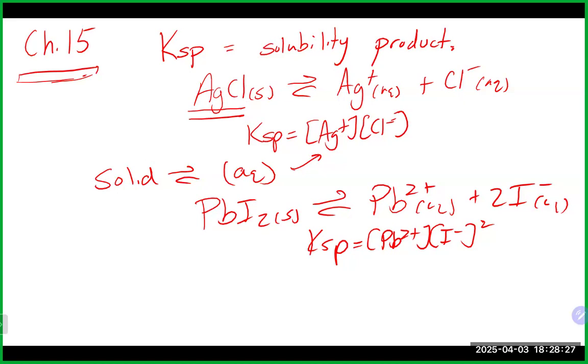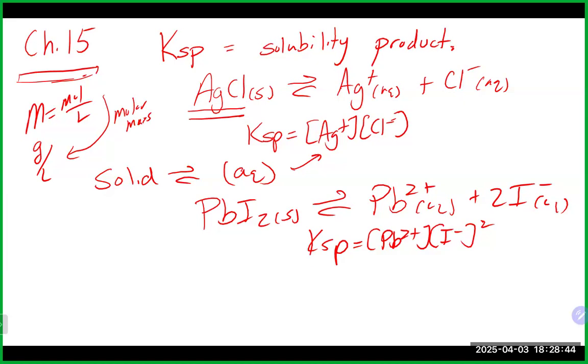You want to know either the molar solubility, which is basically the molarity, or you want to know the solubility in grams per liter. Remember, again, it is the molar mass that allows you to go from one to the other.